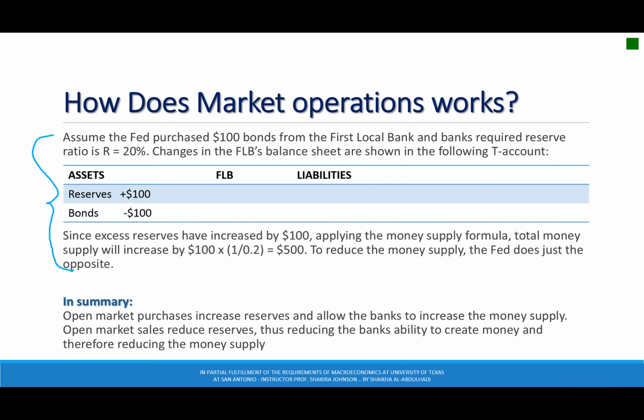So in summary, open market purchases increase reserves and allow the banks to increase the money supply. Open market sales reduce reserves, thus reducing the banks' ability to create money and therefore reducing the money supply. And that's the example.